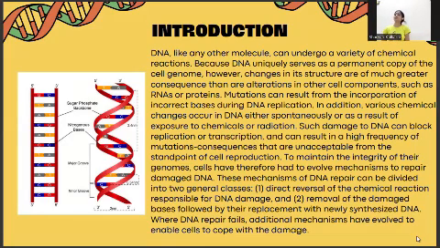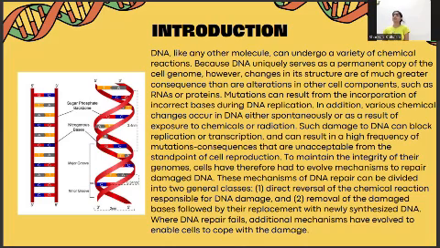Mutation can result from the incorporation of incorrect bases during DNA replication. As we all know, DNA comprises the bases adenine, guanine, cytosine, and thymine. In addition, various chemical reactions and changes occur in DNA, either spontaneously or as a result of exposure to chemicals or radiation.